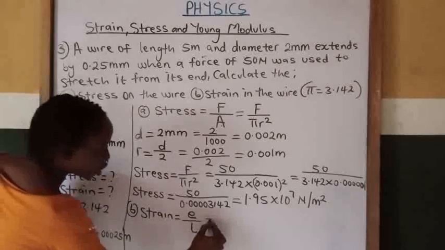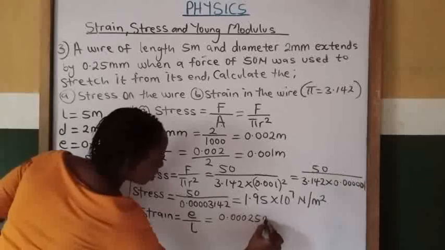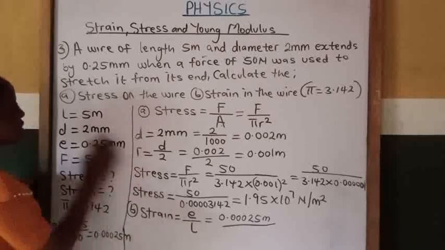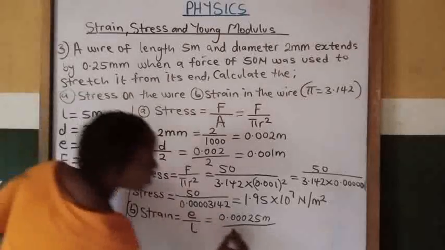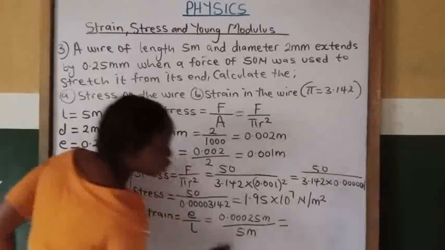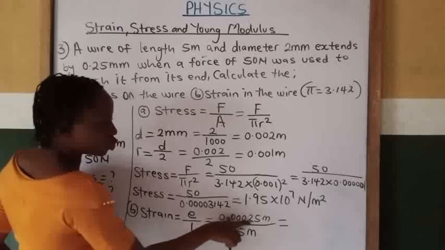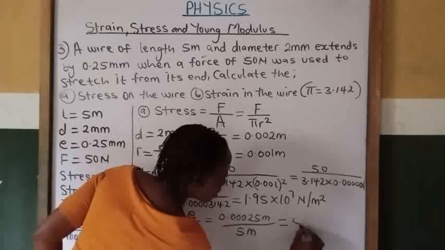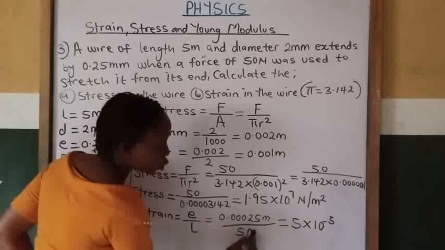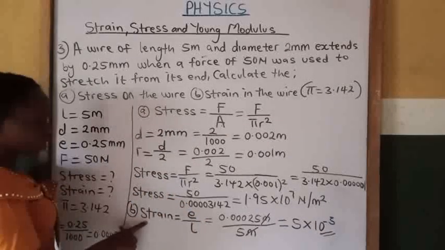So extension equal to 0.00025 meter, then divided by the original length of the wire equal to 5 meter. So by the time you divide 0.00025 by 5, it will give you 5 times 10 raised to power minus 5. So meter cancels meter. So therefore there is no unit for strain.